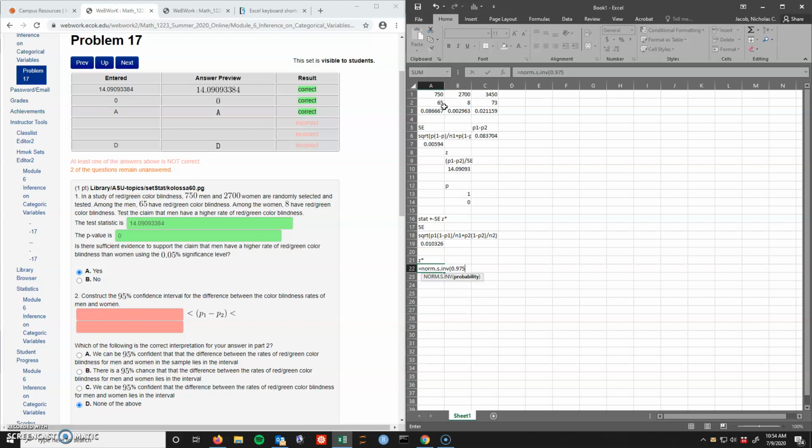Because I wanted a 95% confidence interval, I want 2.5% on either side, so I'm going to have just a tail of 2.5%. I normally use 2 for 95% confidence intervals, but for WeBWorK, I should probably be a little more accurate.